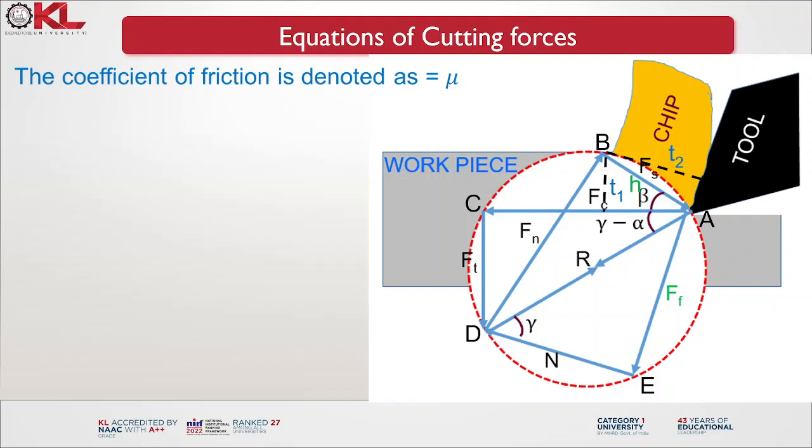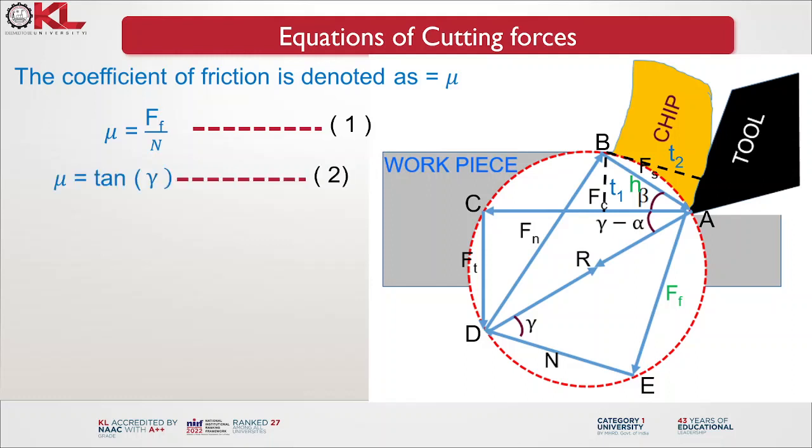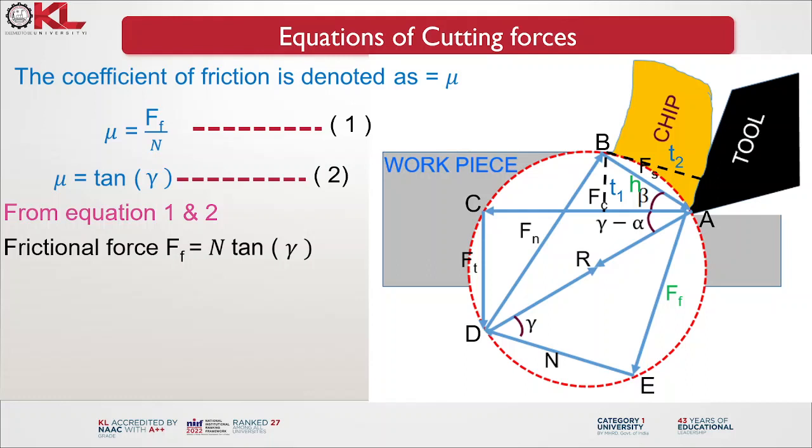The coefficient of friction is denoted as mu, and it is equal to the ratio of the frictional force to the normal force. Let us mark this as equation 1. From this we can also write mu is equal to tan gamma, which is equation 2. Here tan gamma is equal to Ff by N, so from equations 1 and 2, the frictional force is N into tan gamma.